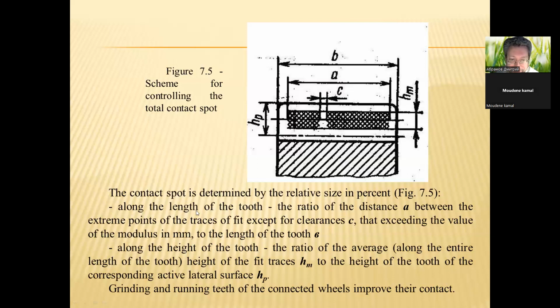Along the height of the tooth, the ratio of the average along the entire length of the tooth height of the feet traces h suffix m, hm, to the height of the tooth of the corresponding active lateral surface, HP.